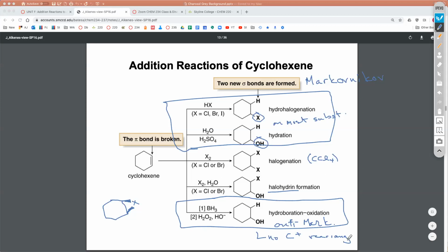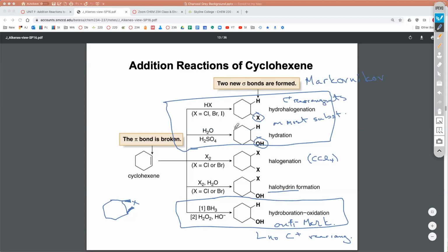So in our discussion of carbocations, particularly in relation to the E1 mechanism, we talked about the fact that whenever you form a carbocation, carbocation rearrangements are possible.